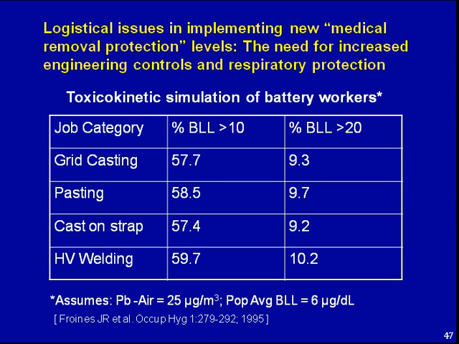An analysis that was conducted by John Freund and published in 1995 did suggest, however, using a toxicokinetic simulation, that if air lead measurements were kept at 25 micrograms per cubic meter, which is approximately half of the current PEL of 50 micrograms per cubic meter, most of the workforce, approximately 90% of it, could maintain blood lead concentration less than 20.